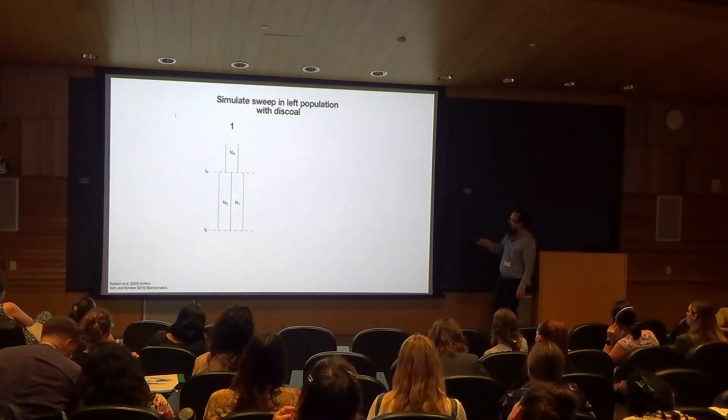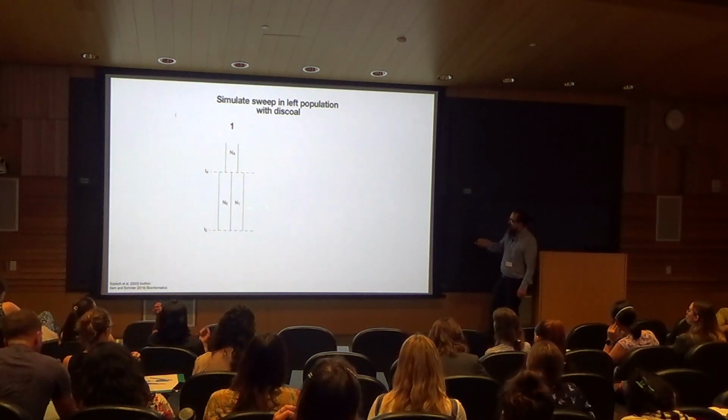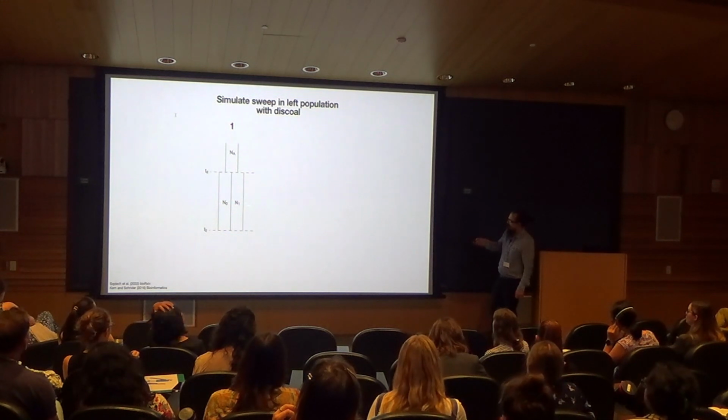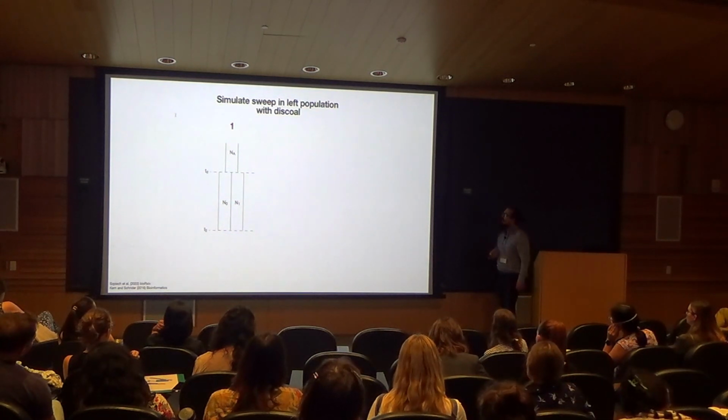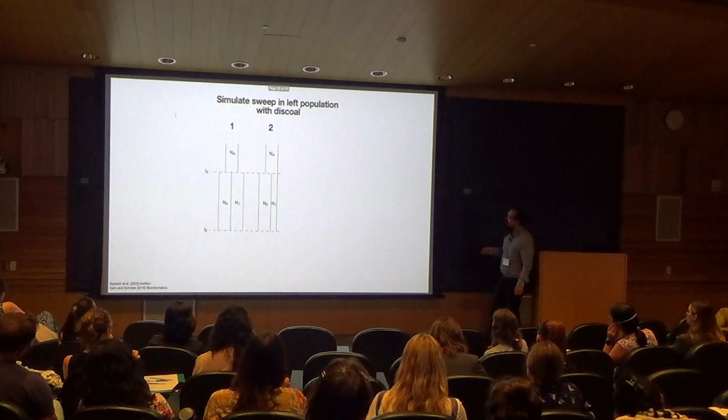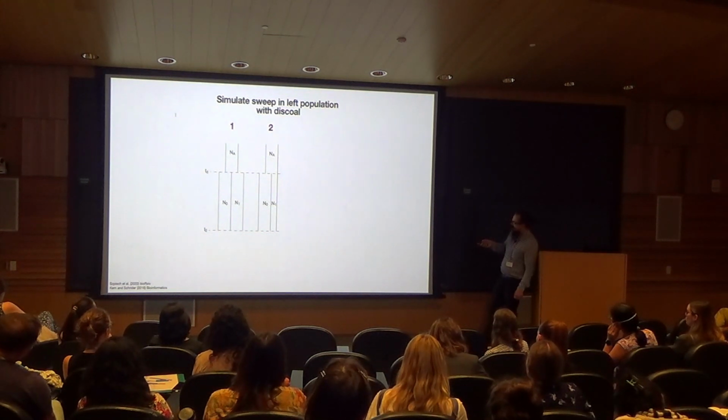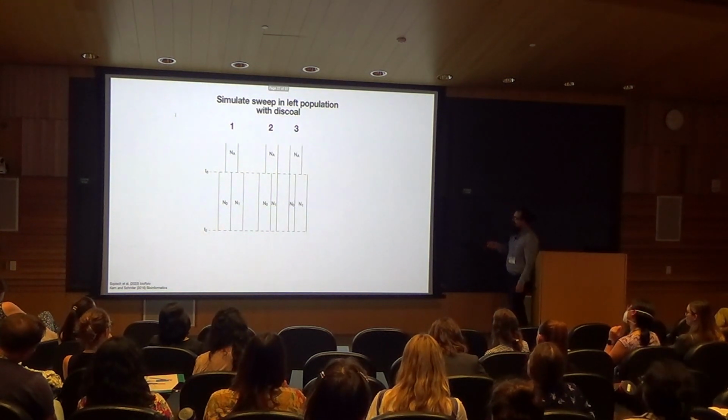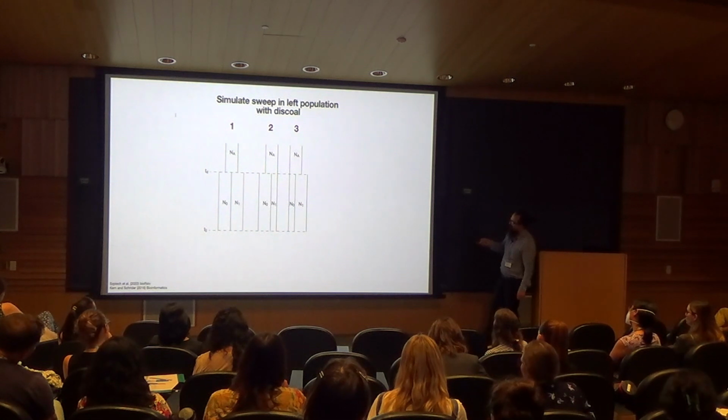For this talk, I'm just going to talk about three different population scenarios. One is a two-population divergence model where the two populations that we compare are the same size, one in which the reference population is smaller, and one in which the reference population is larger.